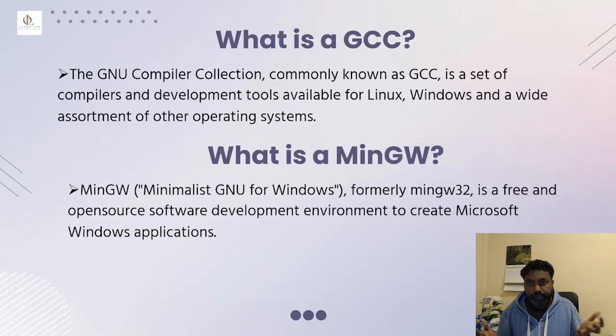They could ask you what is GCC and what is MinGW, and you would be able to answer by now. Again, GCC stands for GNU Not Unix. It's an abbreviation from GNU. It's not Unix, but it's Linux.